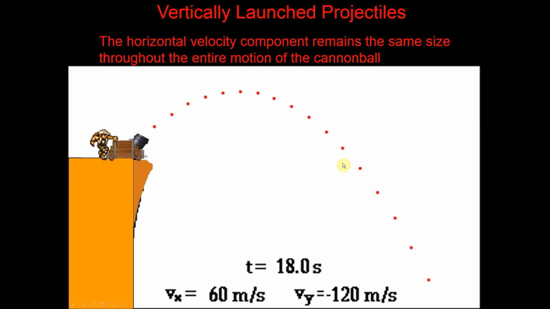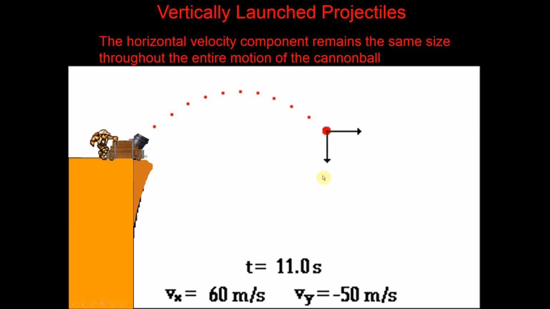Now, a really useful part of this, of course, is when the cannonball reaches ground level again, it will be traveling downwards at the same velocity that it was initially traveling upwards. So its starting and ending velocity at ground level should be the same. And we can see that from this readout here. The velocity in the y direction will vary, with 60 constant for x.